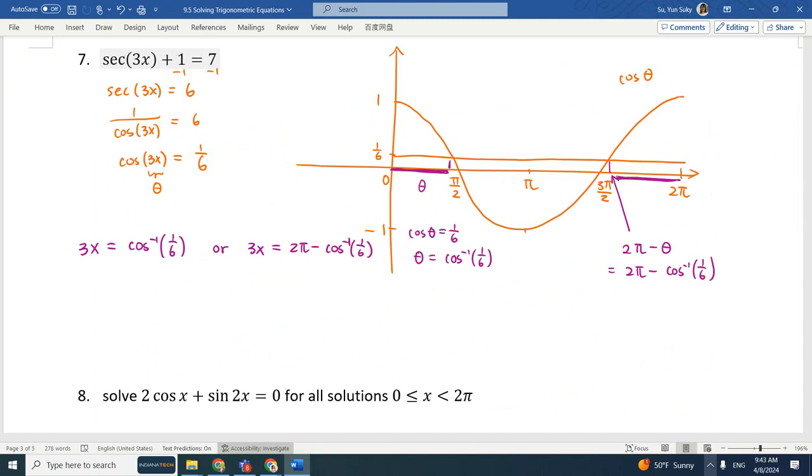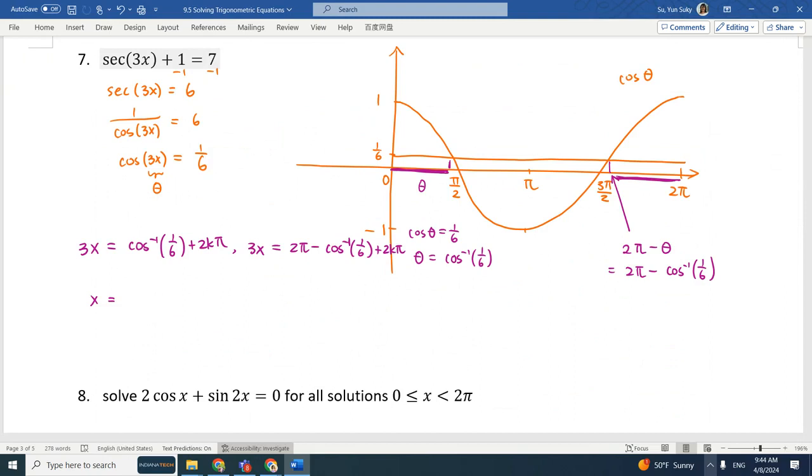After you find the solutions, set your argument, the 3x, equal to those two solutions. Is that okay, everybody? By the way, does this give us a range from 0 to 2 pi? No. So what do you need to add? 2k pi. Yes, we need to add 2k pi. So how do you solve for x?